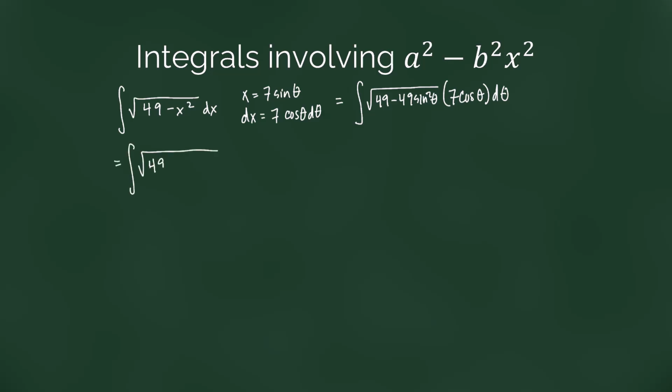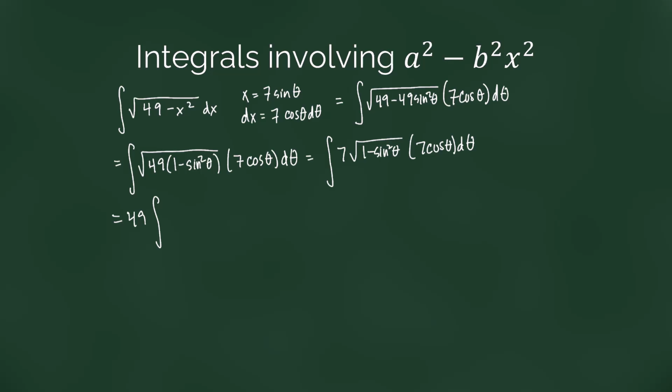We can factor out the 49, so now we have the square root of 49 times 1 minus sine squared of theta, still times 7 cosine theta d theta. We can break apart the square roots now, so we get 7 times the square root of 1 minus sine squared theta times 7 cosine theta d theta.